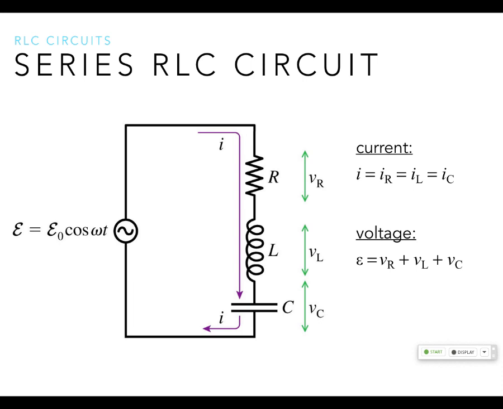This is loop law. So at any given time, if you take the voltage across this, and the voltage across this, and the voltage across this, and the voltage across this, and add them together, what should you get? If you go around a loop and you add up all the voltages, what should you get? Zero. Okay? So this is just junction law. This is loop law.